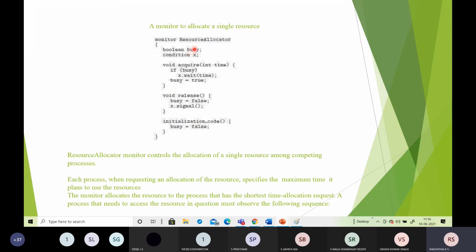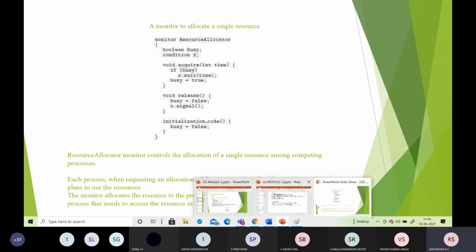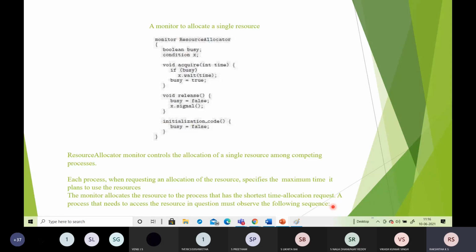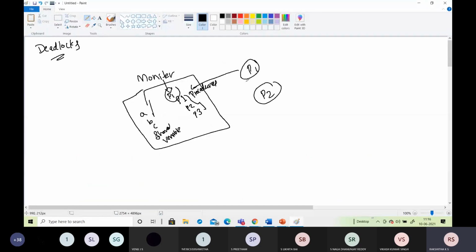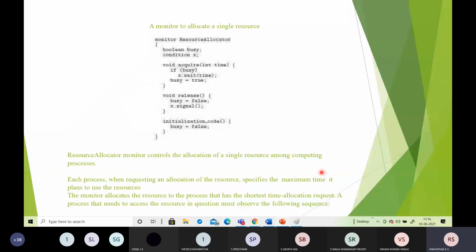First we use the boolean value busy and condition x, in void acquire. If busy, for example, P1 has requested A, the resource requested by P1. If the resource is already busy, it is not able to give the resource to P1, so P1 has to wait for some time.